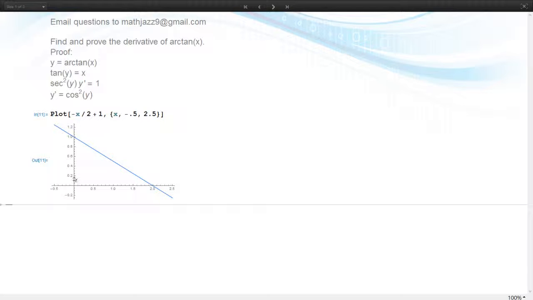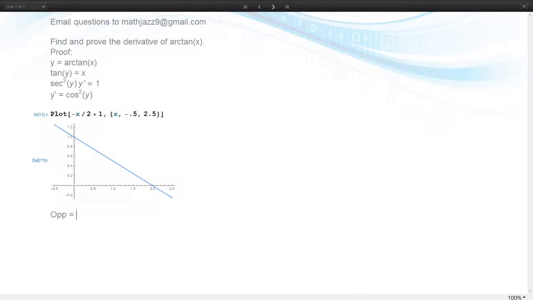So we know from our assumption that tangent of y equals x that the opposite side divided by the adjacent side is going to be x. So if the opposite side is x and the adjacent side is 1, that gives us the ratio we choose to have. So let us write that down.